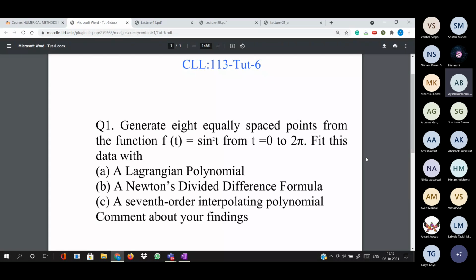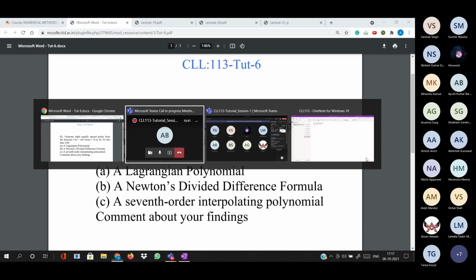After that, using these methods, we have to find the value of y at those points. You have to calculate the f(x) value.